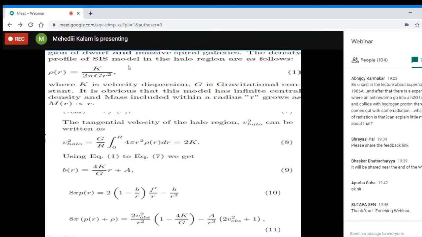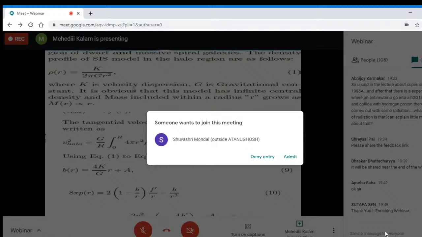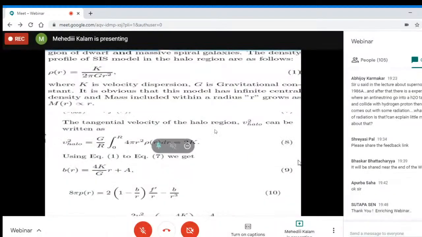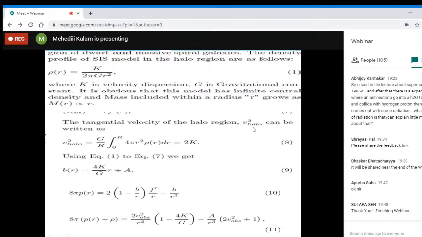I want to mention here that in this SIS model, the density depends on this K. This K is the velocity dispersion. And look here, if we calculate V squared halo, which is calculated from the observed rotational velocity curve, it comes out as 2K. So V squared halo can be calculated from the observed rotational velocity curve, and from that we can get the value of K, and that K contributes to the shape function.